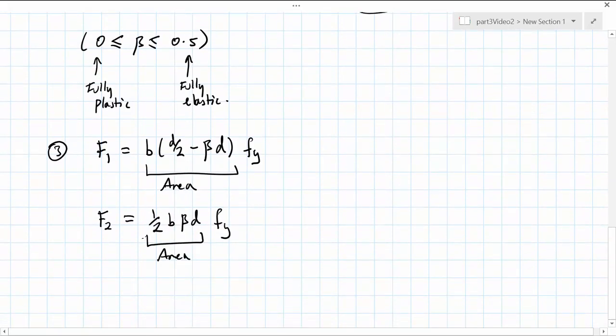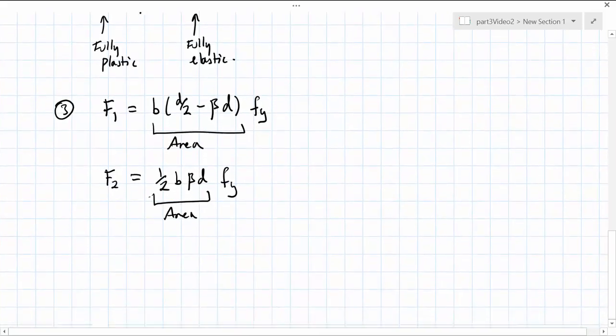The bending moment is then the lever arm of these forces F1 and F2 times the corresponding force and summed up.